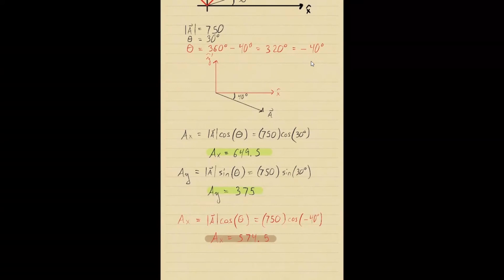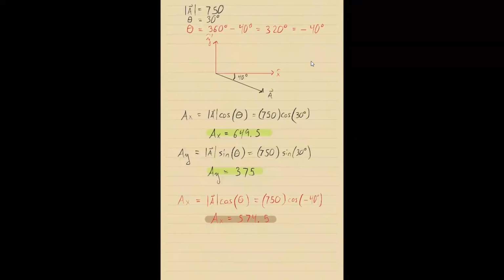And so for the y component, it's exactly the same, except now we use sine. The process is still exactly the same as when our coordinate system was what we were used to, where x is along the horizontal direction and the y component is in the vertical direction. Again, the hardest part is just figuring out our new angle. So Ay is the magnitude of our vector times sine of angle theta.